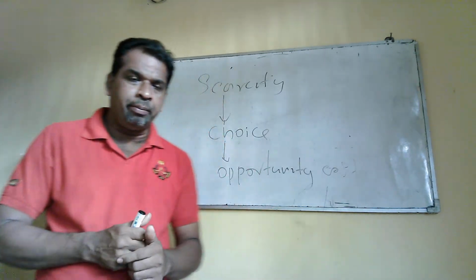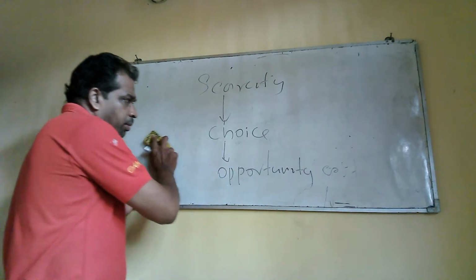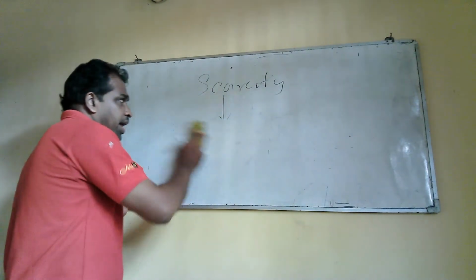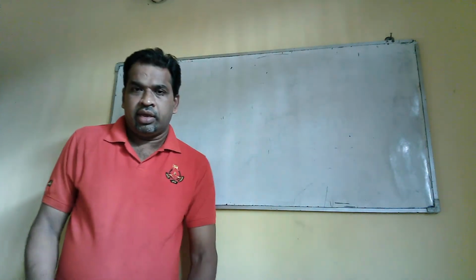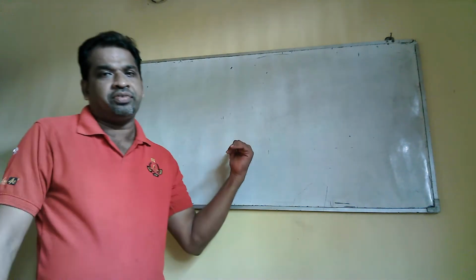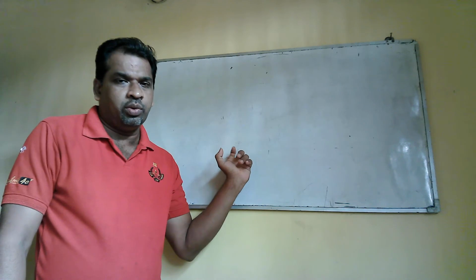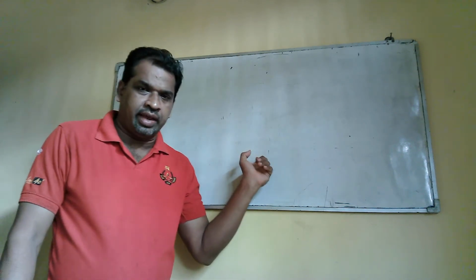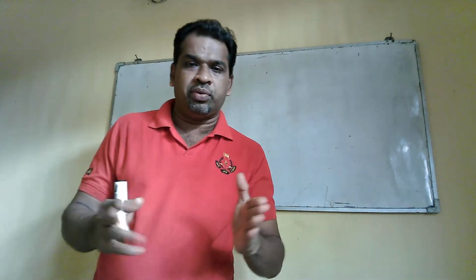Then how can you compare economic goods and free goods? If you take economic goods, there is an owner. But if you take free goods, no owner. If you take economic goods, opportunity cost is there because you have to sacrifice. When you use one item, you have to sacrifice another item. But when it comes to free goods, no opportunity cost.